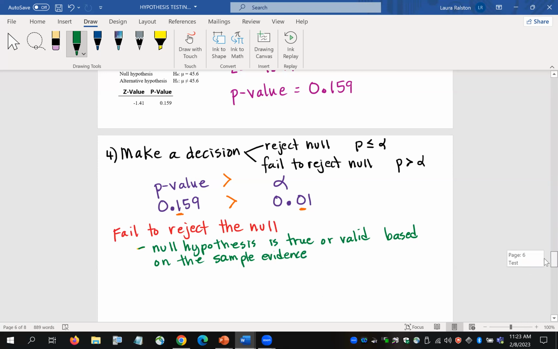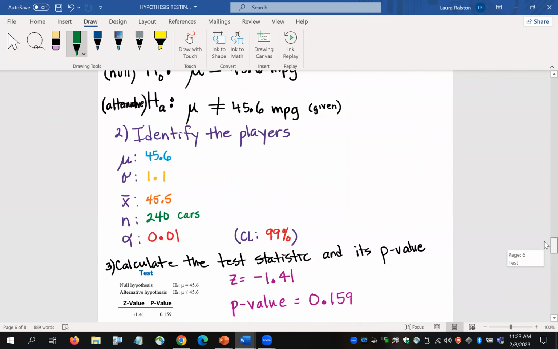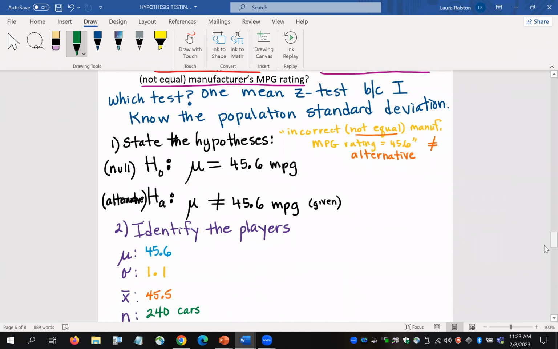So if I go back to the beginning where we stated our hypotheses, based on the evidence we have proven that the statement that the manufacturer's miles per gallon rating is 45.6 is true, and the fact that it's not is false.